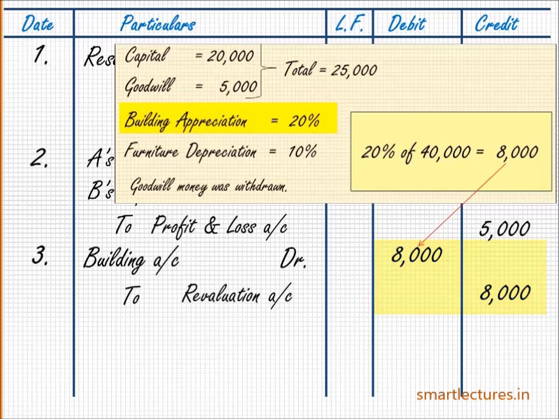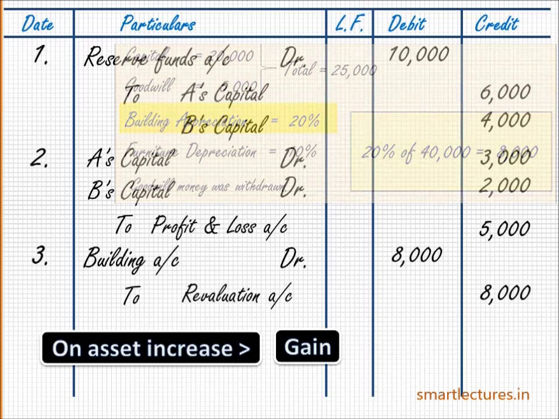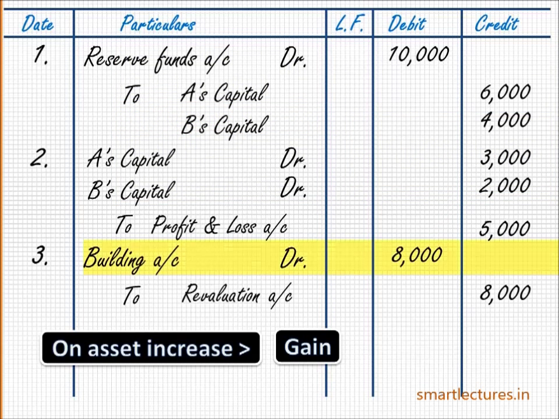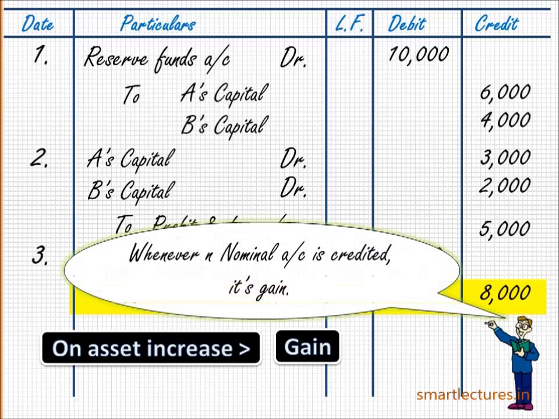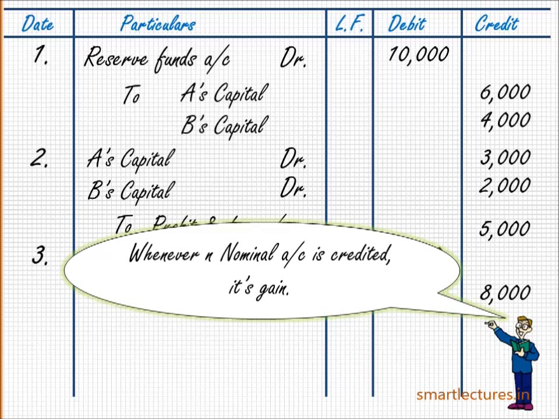When the asset is increased, there is a gain. So we have debited building account. It means we have increased the value of building in our books, and revaluation account has been credited. What it means? It is a gain, because revaluation account is a nominal account. Whenever we credit nominal account, it means we want to show that there is a gain.